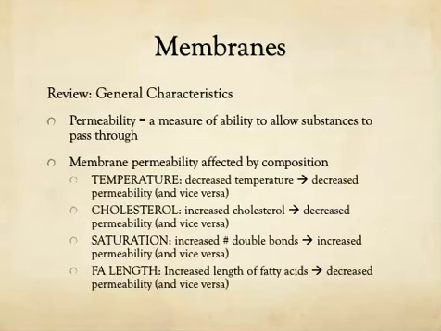Let's start with cholesterol. Remember, cholesterol is a big, bulky molecule. So when you start adding cholesterol to the tail region of a membrane, the cholesterol is a space-occupying molecule. It is literally just taking up space that exists in between the tails off of the phospholipid molecules.